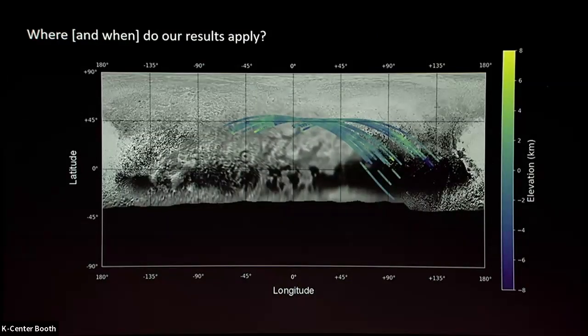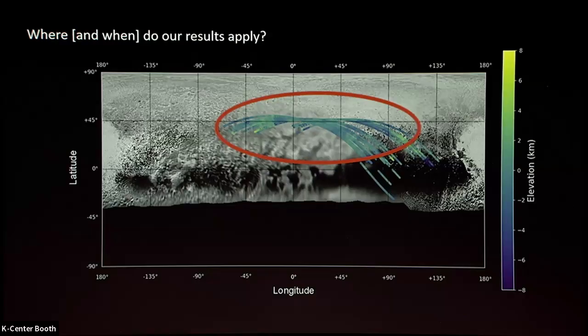And then the other question was, where do the results apply? For Pluto, as Paul was showing earlier, we're mainly looking at this mid-latitude, heavily cratered, likely depositionally active terrain.